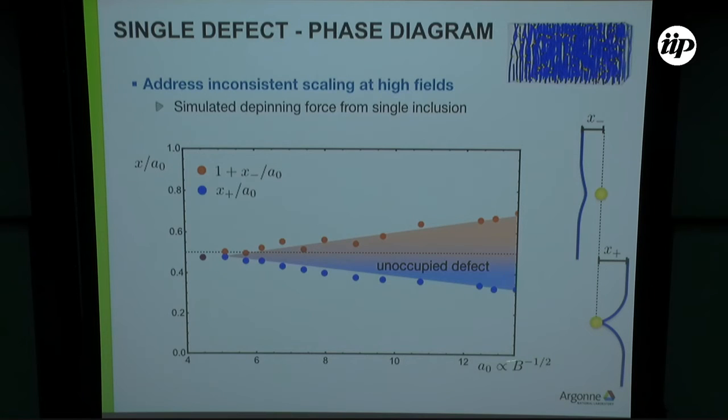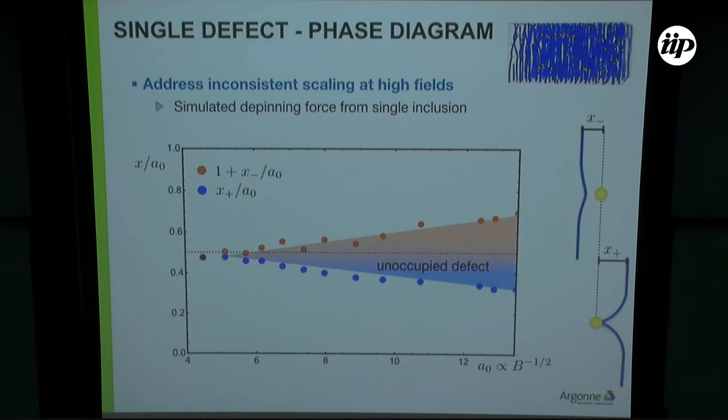And we see that as we drag a vortex up along this vertical axis, at some point this vortex becomes unstable, it departs, then we have a region where the defect is unoccupied, and then at a later stage, the next vortex, which now here is rescaled by one lattice period, will jump into the defect, and then it will stay in the defect. And what we see is that for the highest field, the defect is permanently occupied, and therefore once one vortex decides to leave, the next one immediately jumps into the defect.